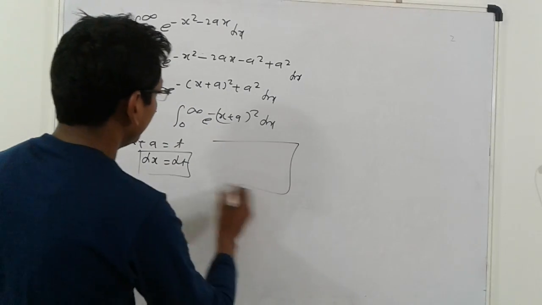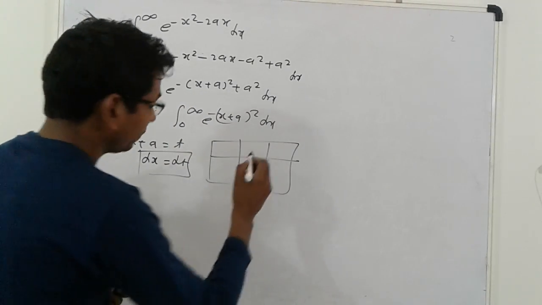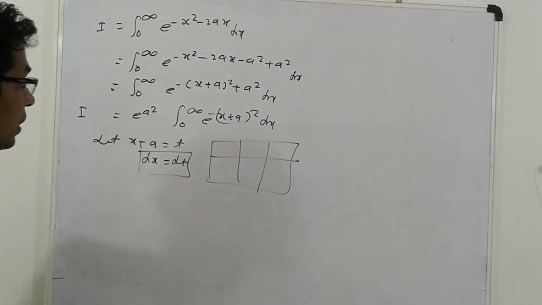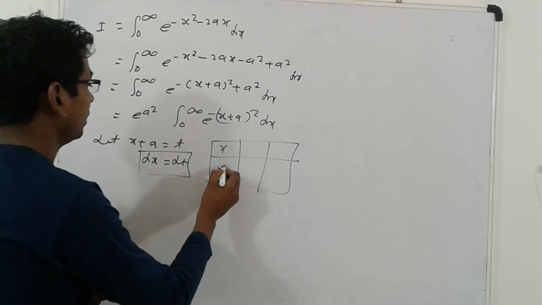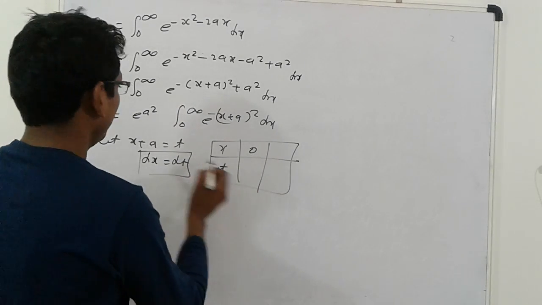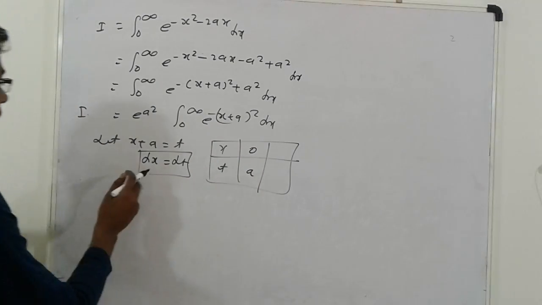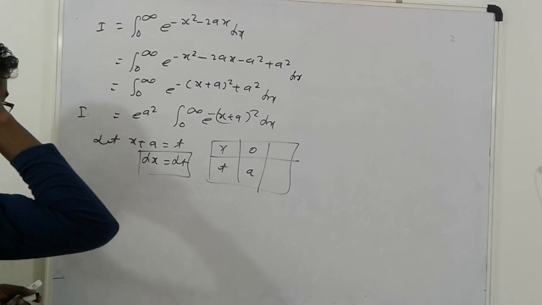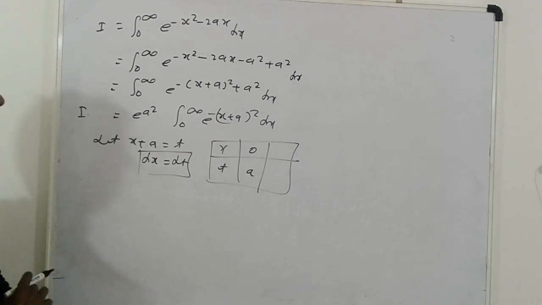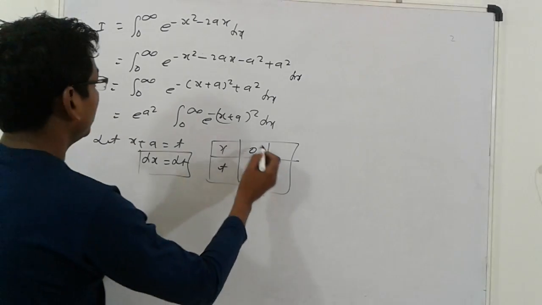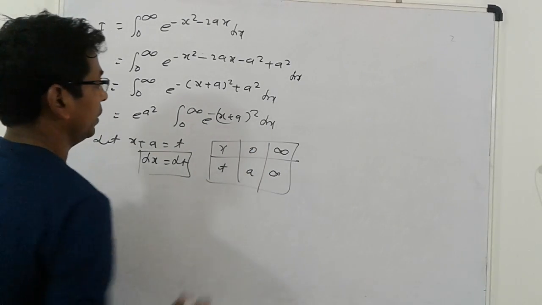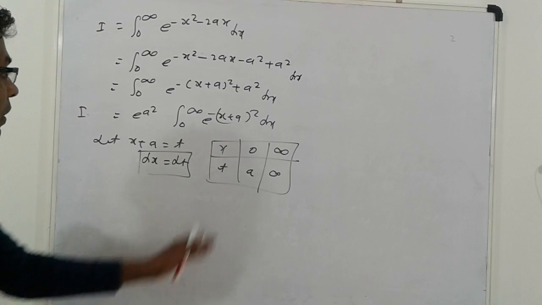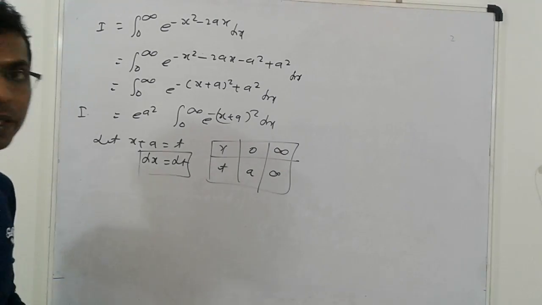What is the change of limits? Here x is 0, so t is a. Next x is infinity, so t is infinity.